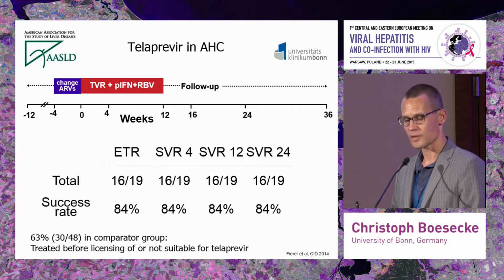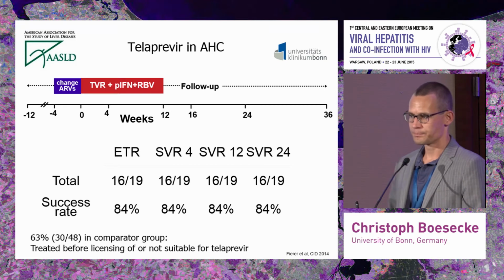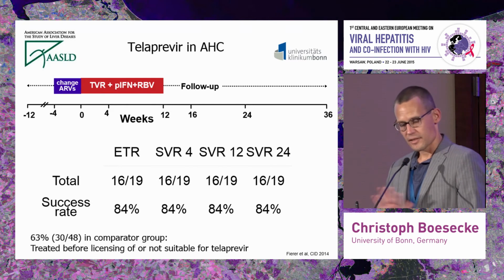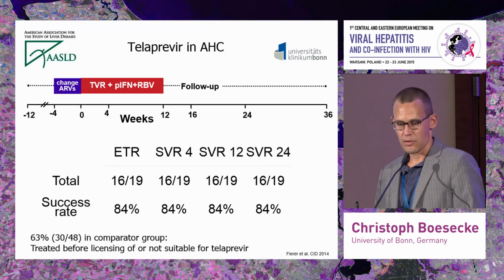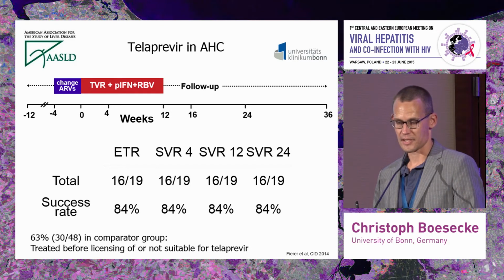And they also had to look at their other patients that weren't eligible for telaprevir or were treated before telaprevir was licensed in the US, and had a comparator SVR rate of 32%. If you keep in mind that in our acute hepatitis C cohort, the success rate is around 70%, you probably gain 10 to 15% just by adding the hepatitis C protease inhibitor telaprevir in this setting.